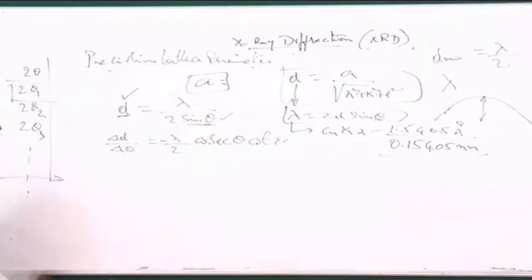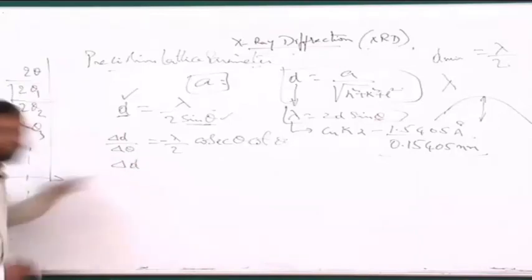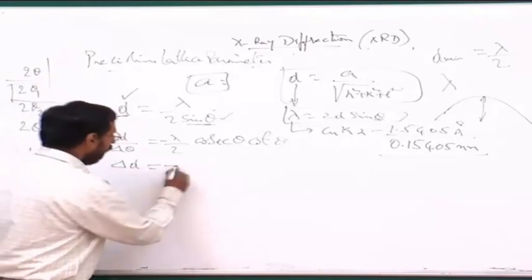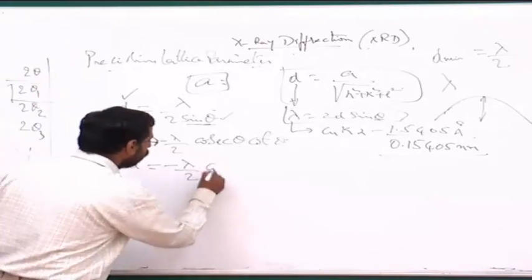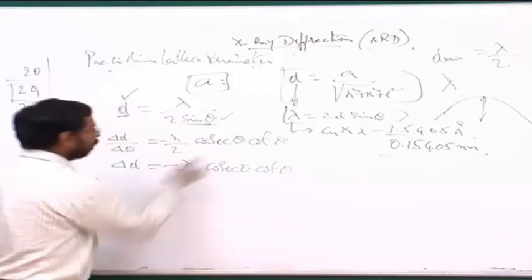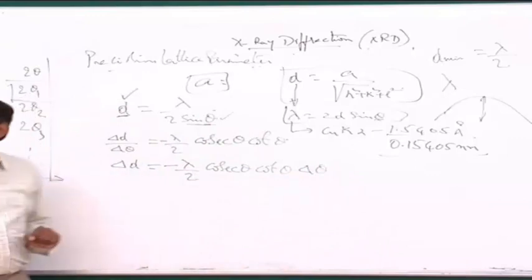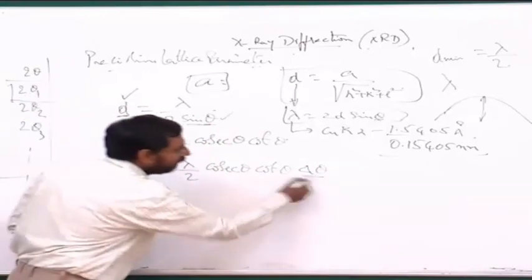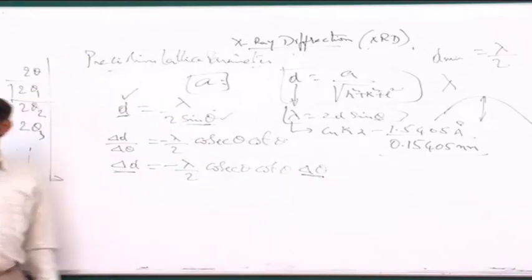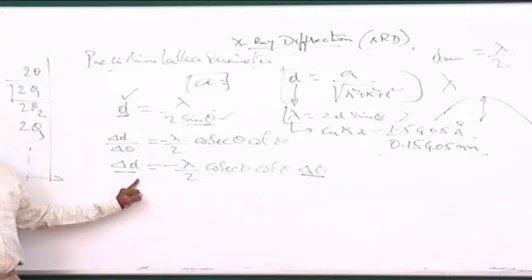So now delta D, which is a variation in D, an error in D, can be written as minus lambda by 2 into cosecant theta cot theta, into delta theta. This formula tells you that for a given error in theta, I have a certain error in D.